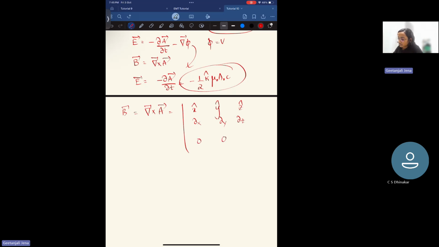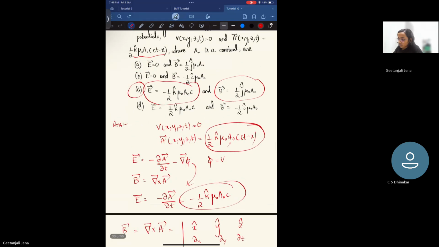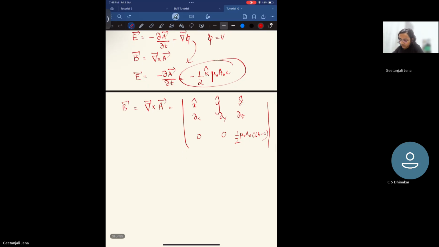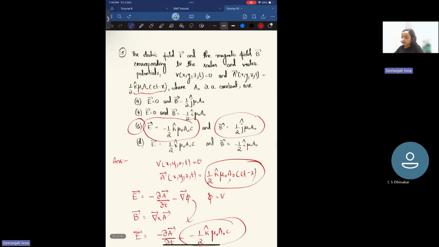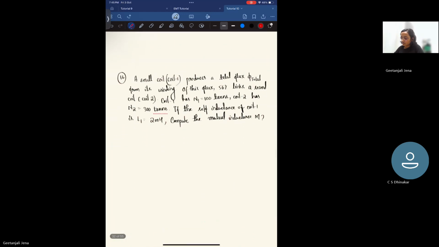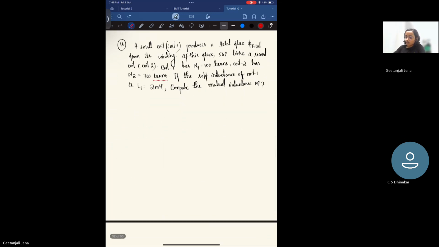Az is 1 by 2 μ0 A0 (ct minus x). And this will give μ0 A0 by 2 in the y direction. Option C.